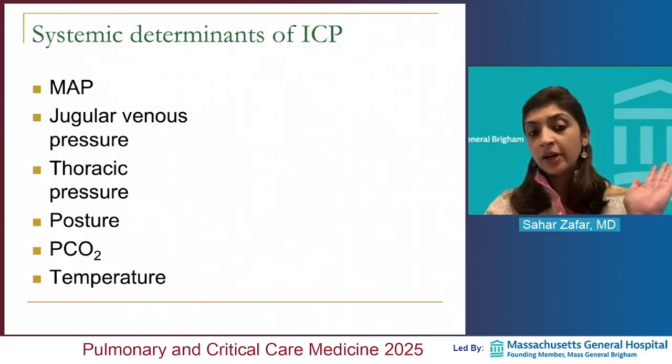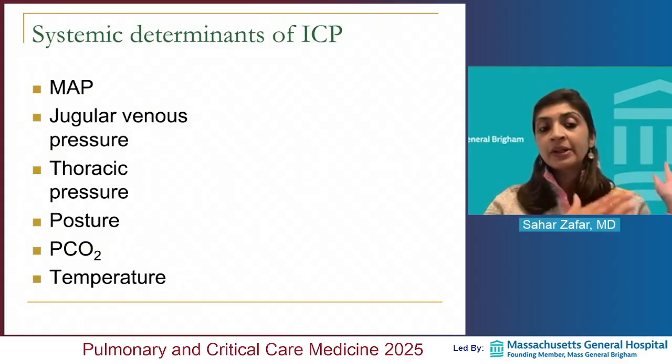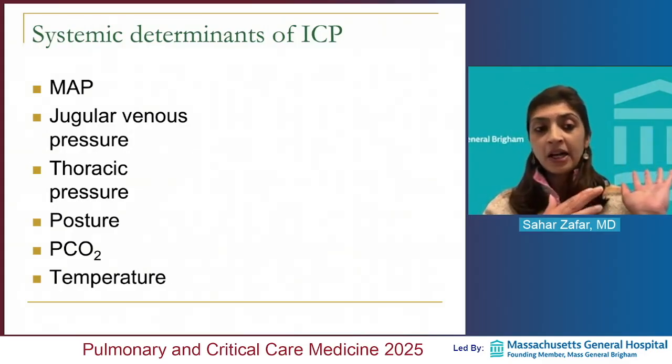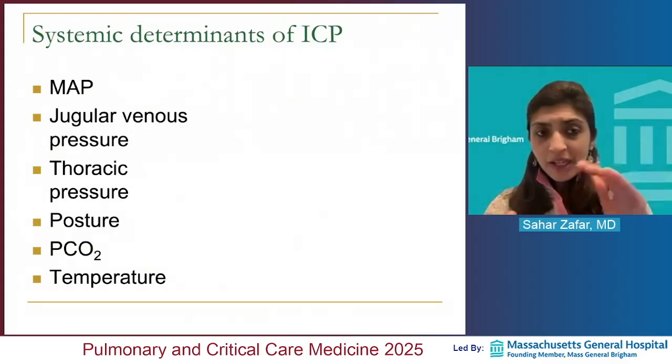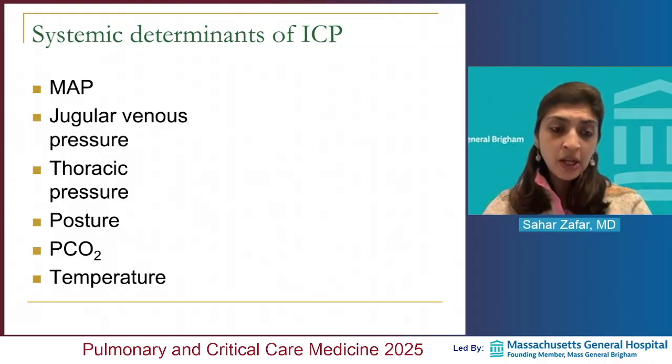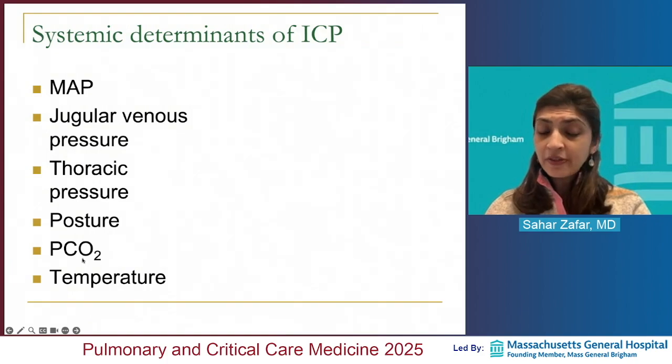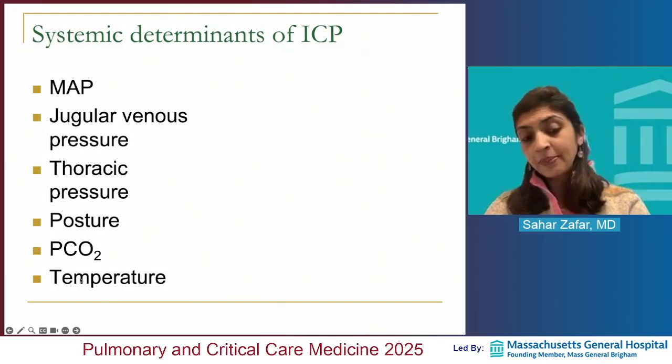And that is why when we are concerned for an ICP crisis, we will bring the patient's head up and ensure that their MAP, their blood pressure are all being maintained. Partial pressure of carbon dioxide is key. The cerebral vasculature is very sensitive to PCO2. And so that is a key determinant. And then temperature as well.